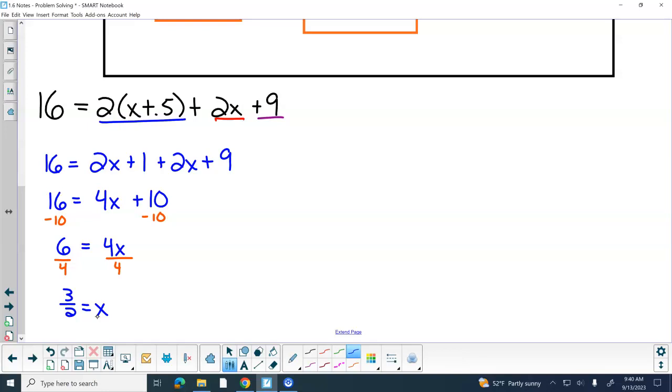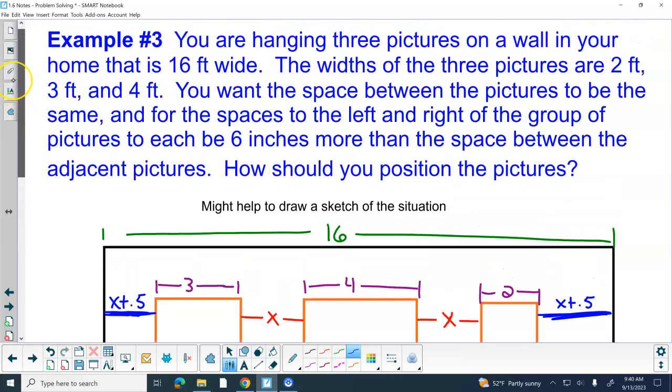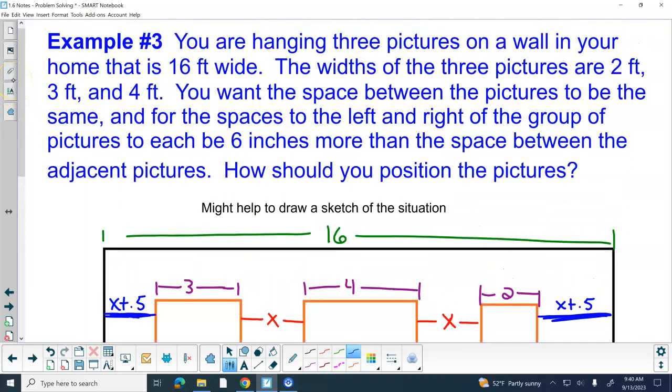So let me go back to the problem. What is the question asking? How to position the pictures, right?